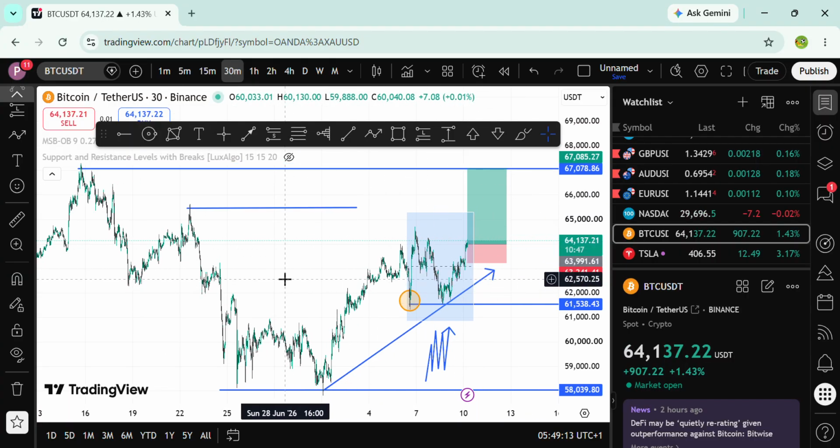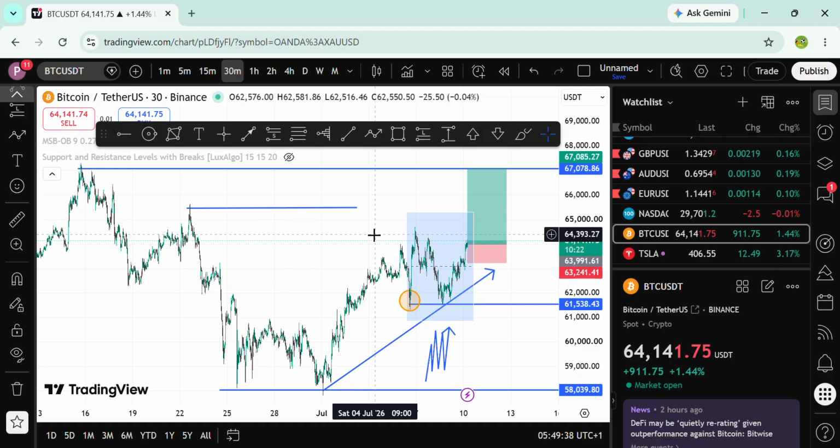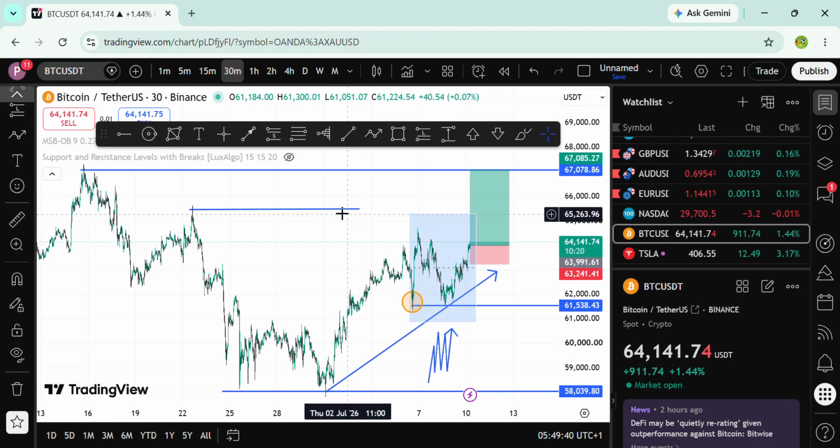That's why we need to go down into smaller time frame to know what we are doing and to know what the market is saying on the smaller time frame, because it is this smaller time frame that we can actually hold our trades in. We really can't hold our trades in the higher time frame, because those ones are going to take you more time, like months and years, if you execute your trade from there.